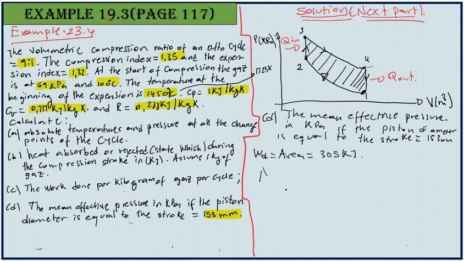So we have the area of this shape, which is not a rectangular shape. So A is equal to 305 kilojoule.